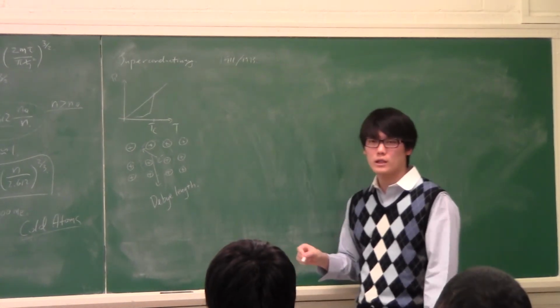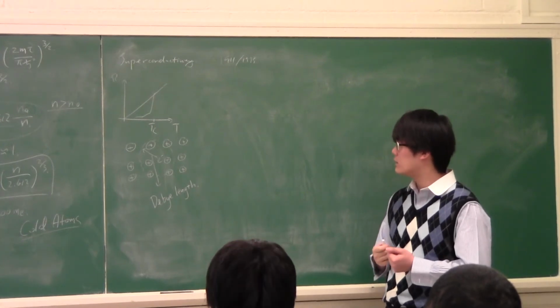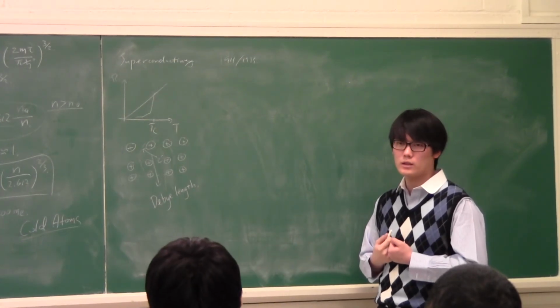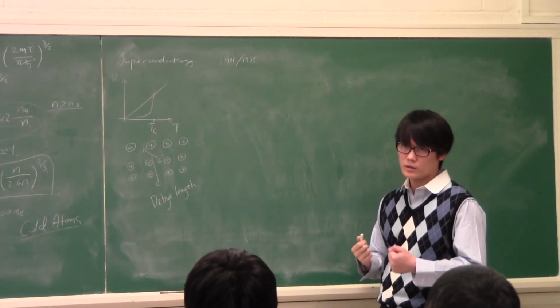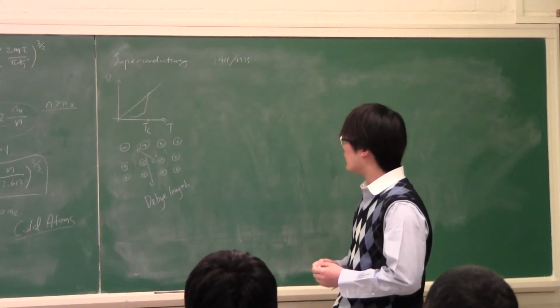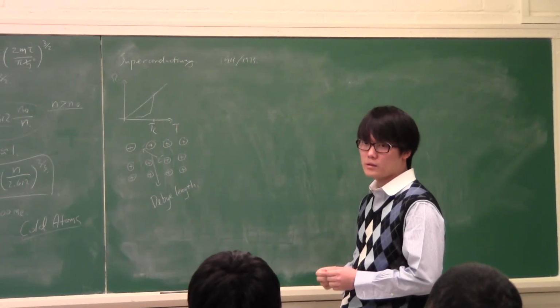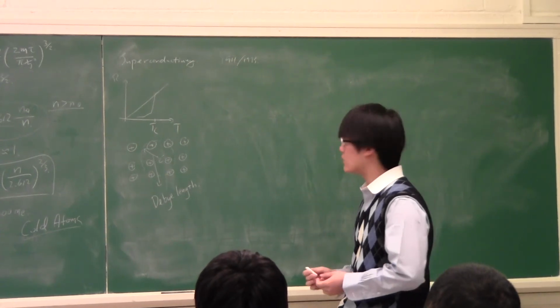So although two electrons in vacuum certainly wouldn't be correlated because of their repulsion, inside of a solid they actually don't repel each other at long range. The Coulomb interaction is very short range because of the screening effect. But there is a long range interaction if we think about the lattice not being a rigid thing.